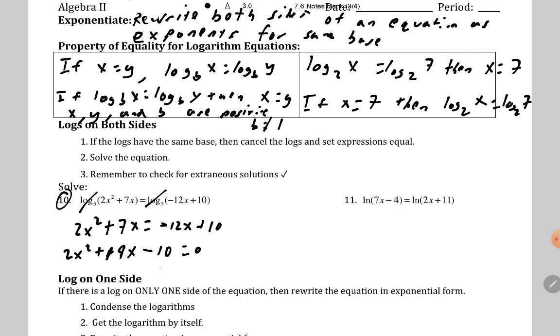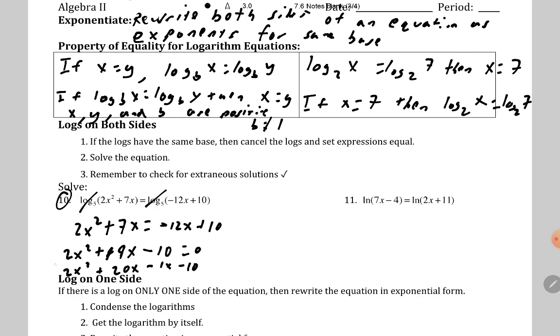And this one will become, if we use our old quadratic techniques, 19x is the same thing as plus 20x minus 1x minus 10. And then we can group.